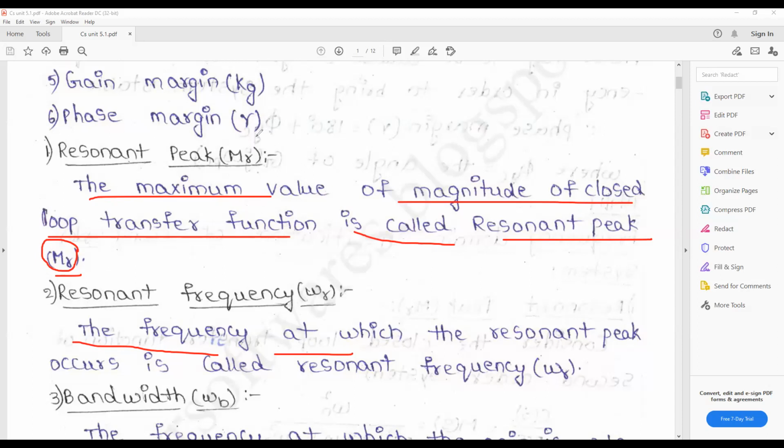The resonant frequency means the frequency at which the resonant peak occurs is called the resonant frequency, omega r.